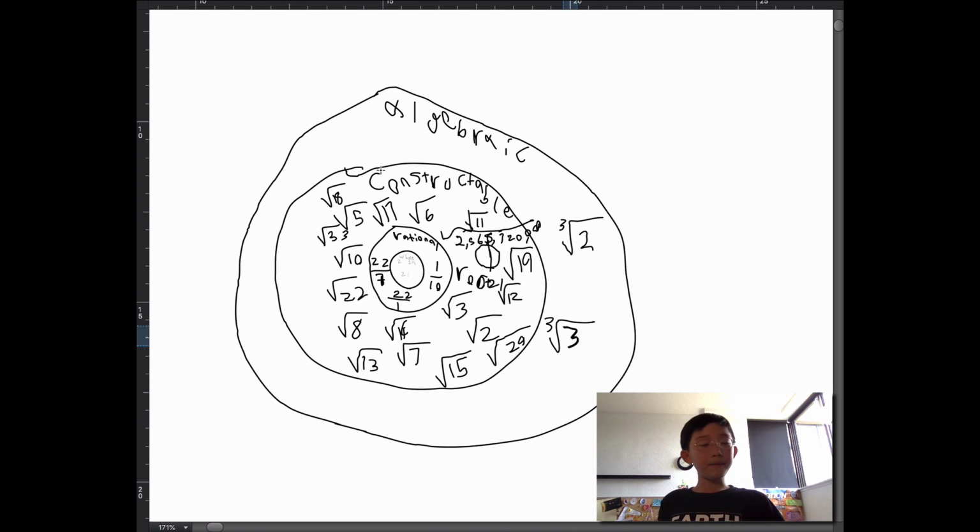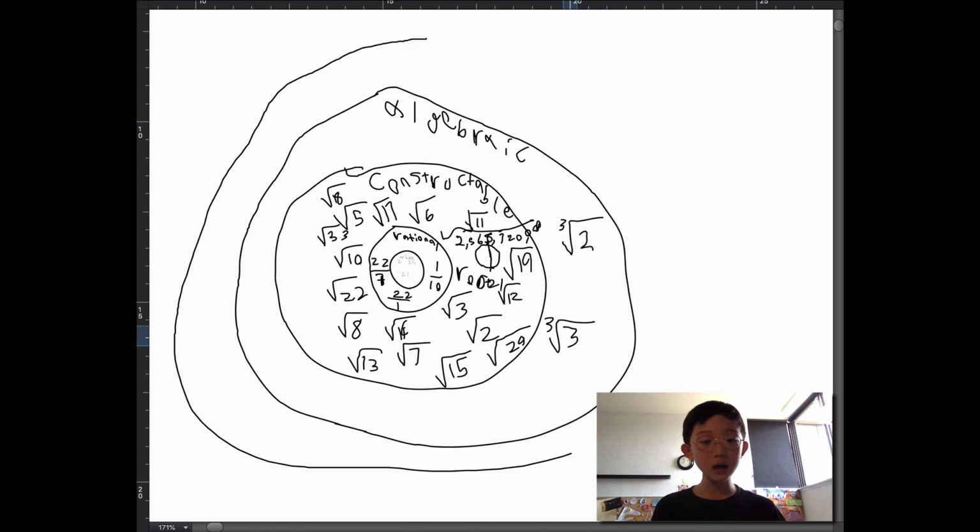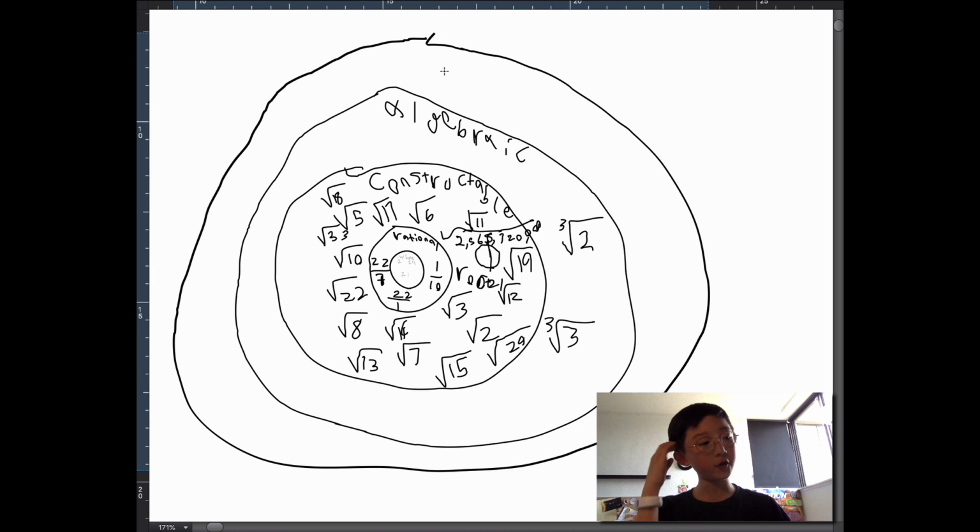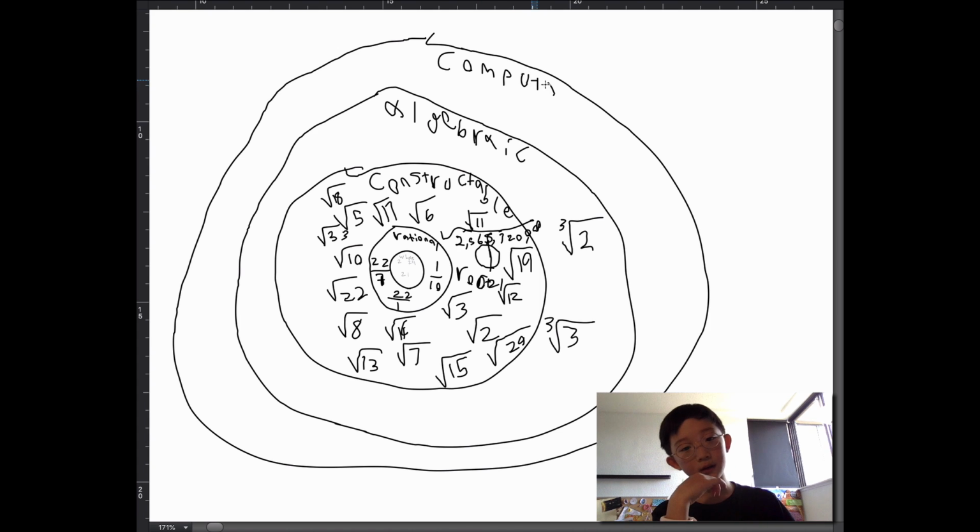Anyway, after that, we have the computable numbers. So there are not many computable numbers. Computable numbers are like e and pi and e to the pi, or was it the other way?